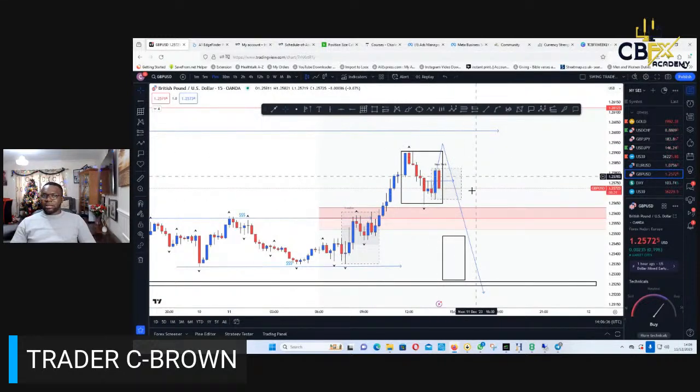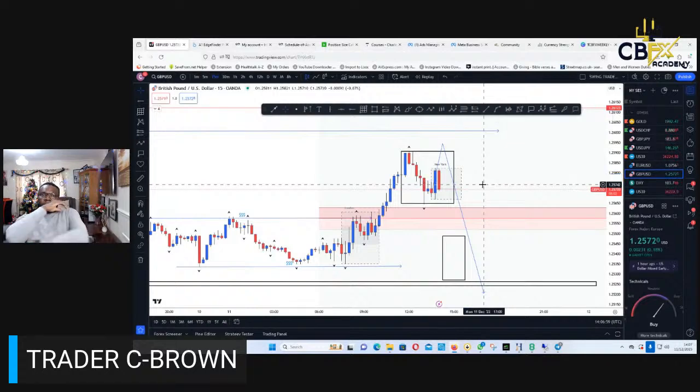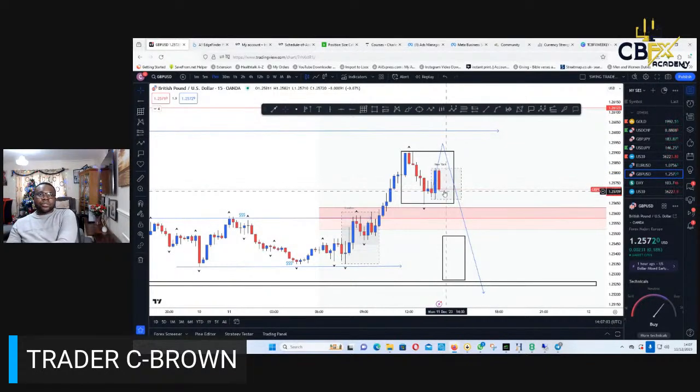It could push up and down a little bit before it might do something like that. You see this push up and down? That's a sign that it is creating a liquidity pool.